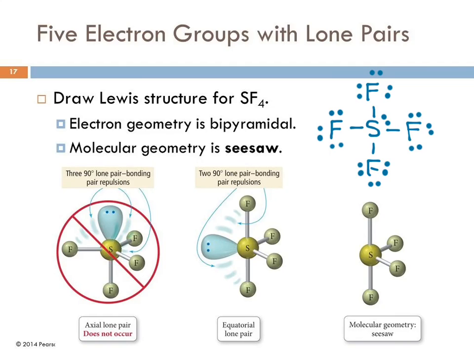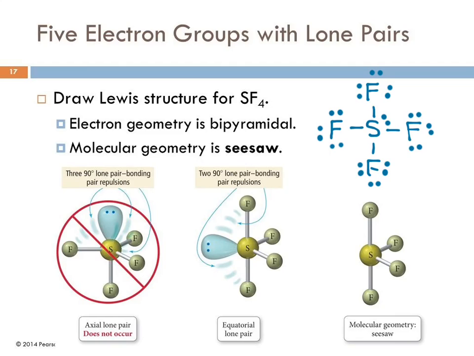5 groups. 5 groups get away from each other by doing this bipyramidal structure. Now, in the bipyramid, there are 2 different positions. There are the equatorial positions, where the bond angles are 120, and then there's the axial positions, where the bond angles are 90 degrees.